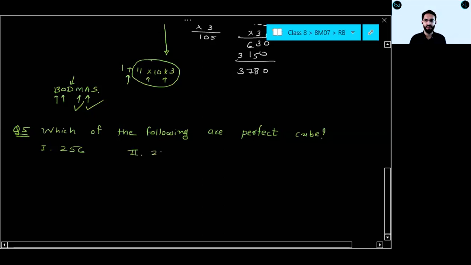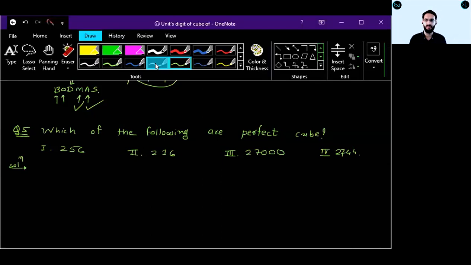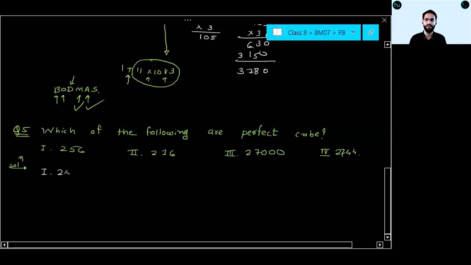The second is 216. The third is 27,000. The fourth is 2744. First, 256, everyone. We need to check whether it is a perfect cube or not.